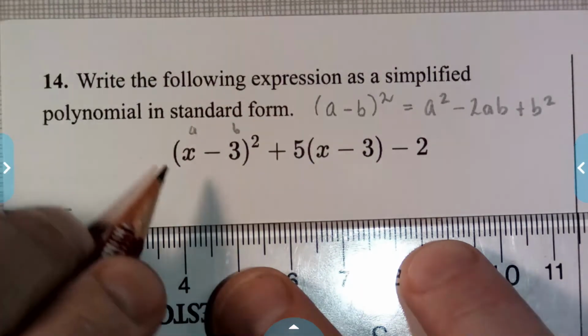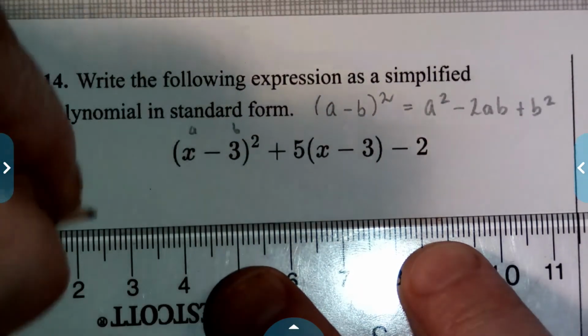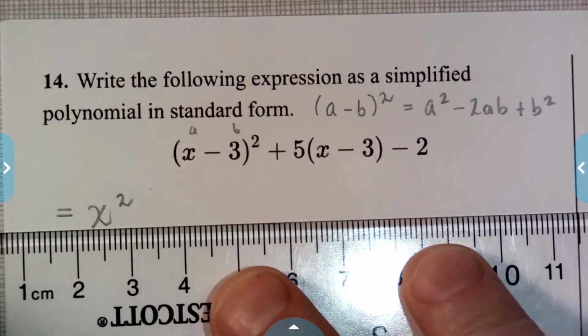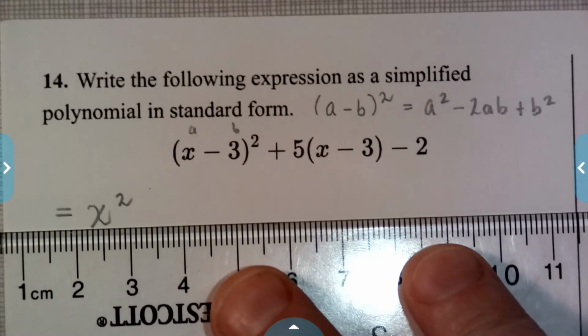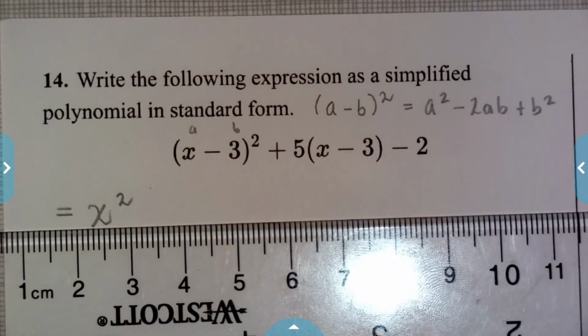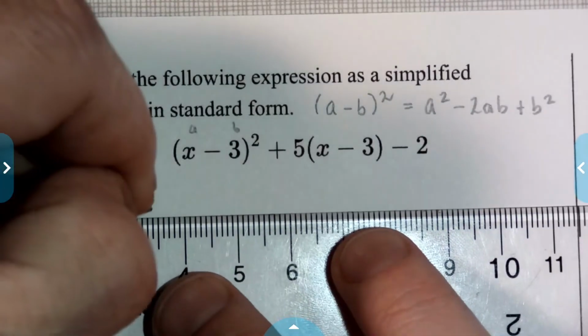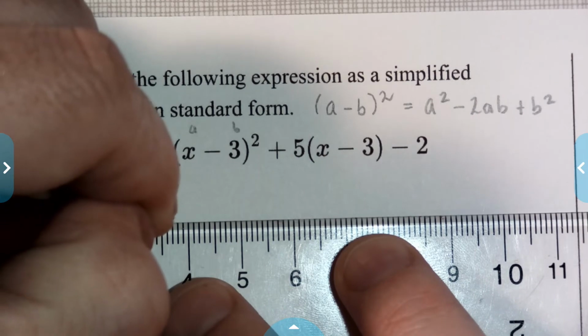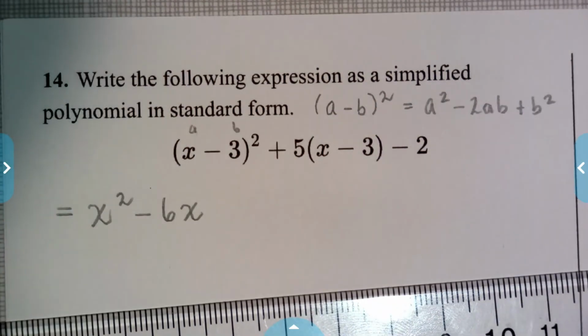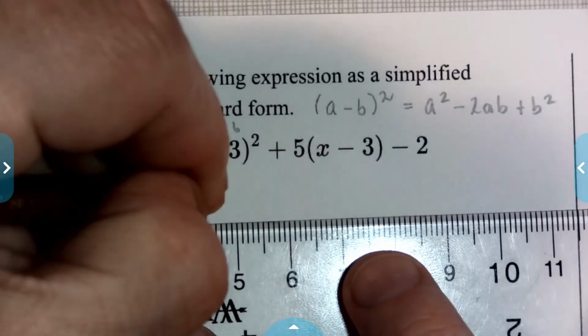All right. So a squared is x times x, x squared, minus 2ab. So minus 2 times x times negative 3. So that's minus 6x, right? 2 times x times negative 3, minus 6x. And then negative 3 times negative 3 is plus 9.